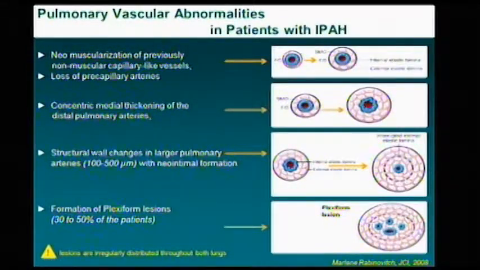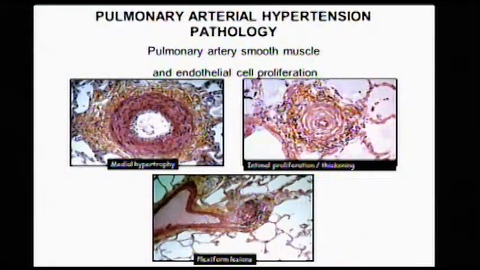You have more and more remodeling of the small pulmonary arteries, which may be totally occluded and may culminate in what we call plexiform lesions, with a massive proliferation of endothelial cells, smooth muscle cells, and myofibroblasts. This is found in about half of patients with group 1 PH, especially idiopathic PH. Plexiform lesions are usually not found in post-capillary pulmonary hypertension due to left heart disease.